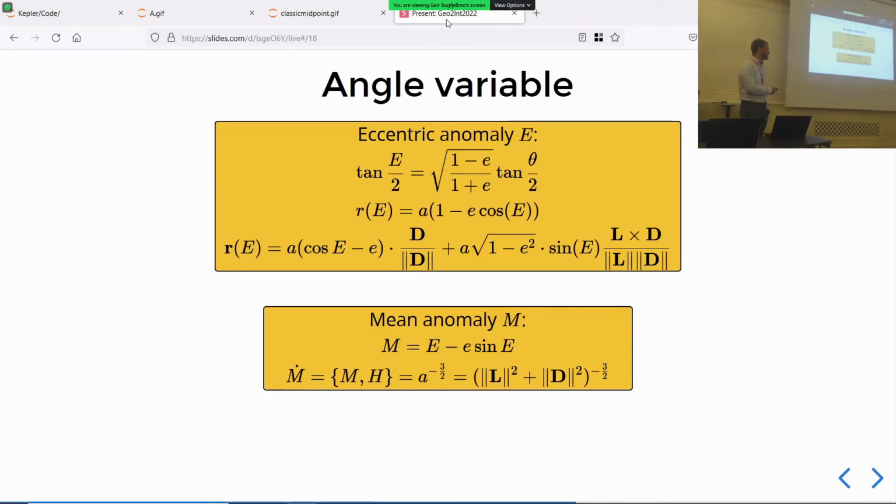This is what is evolving at the constant rate. So E is given by this, and then you do M like this, and that's going to evolve at constant rate throughout the orbit. If you want to go from M to E and over to theta to figure out where we are on the orbit, then this M is essentially measuring time. And if you want to go back, you need to solve this nonlinear equation, which is Kepler's equation.